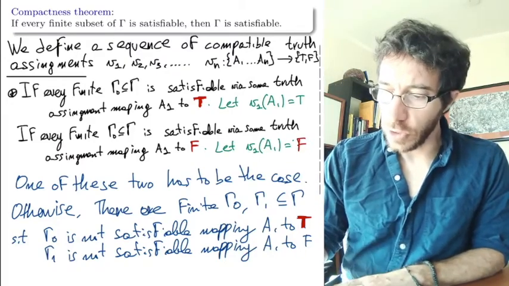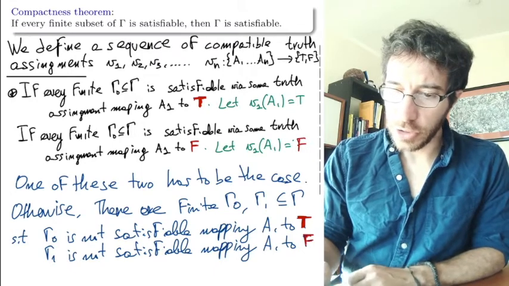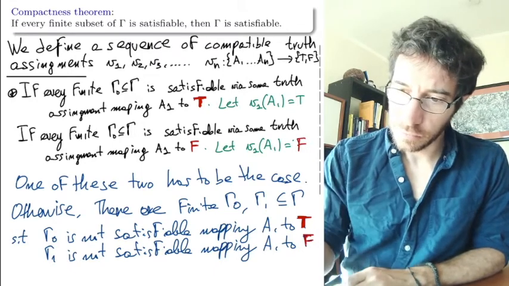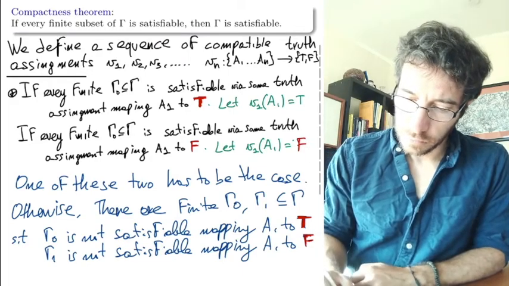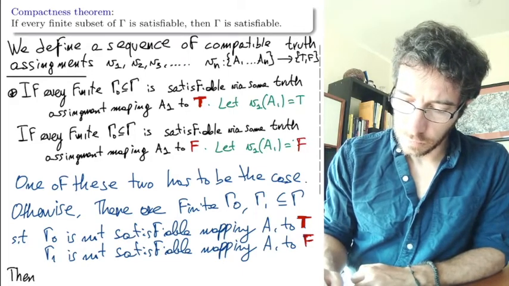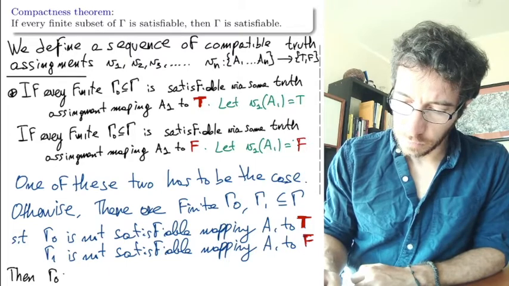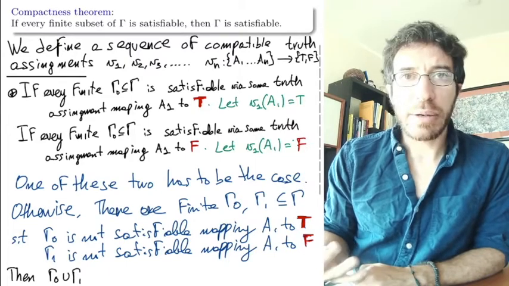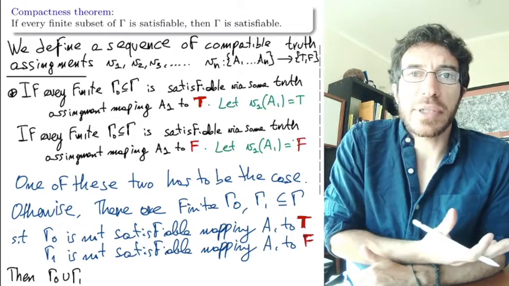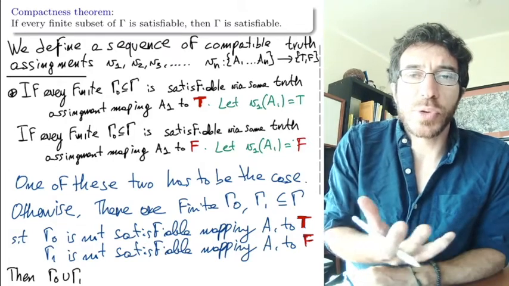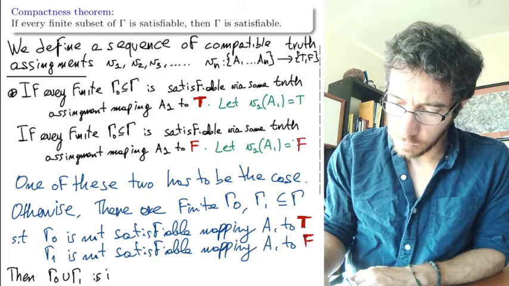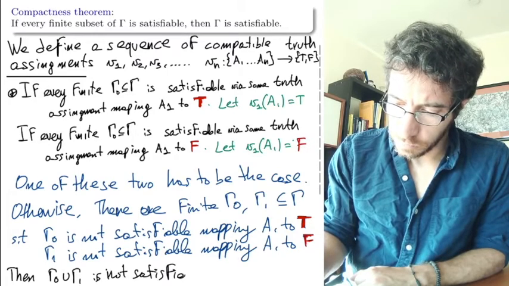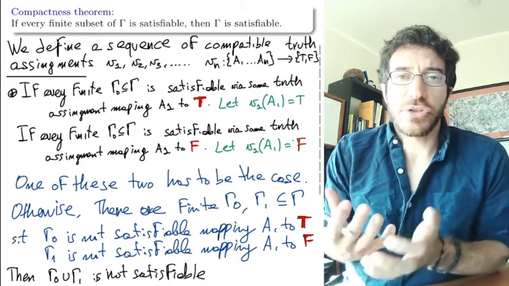Okay? So where is the contradiction? But then gamma 0 union gamma 1 cannot be satisfiable mapping A1 to true or A1 to false. Right, because there is no way.